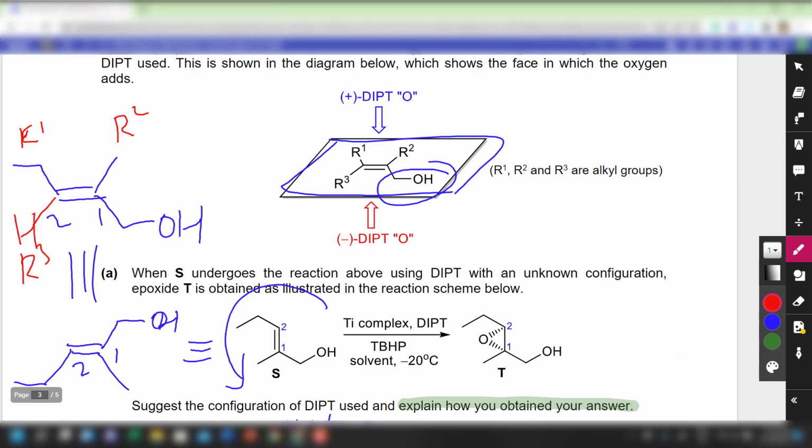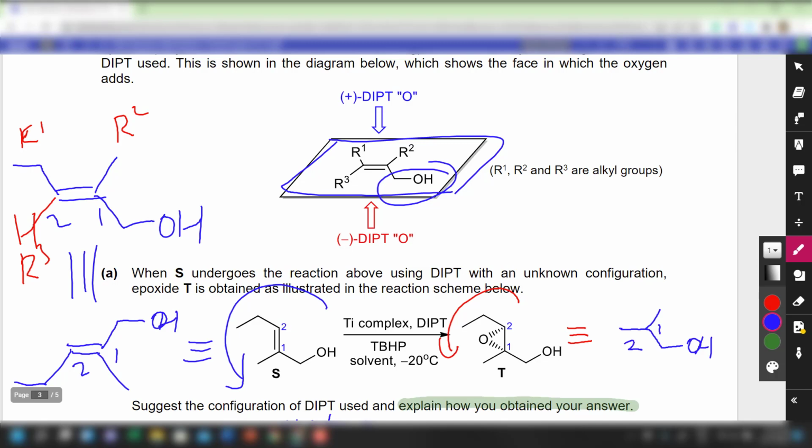Then the next thing I'm going to do is to rotate T as well. We'll do the same thing: rotate 90 degrees and then flip it into the plane of the paper. I'm going to draw it out very quickly. We end up with something like this, with OH, and this is carbon 1, this is carbon 2.